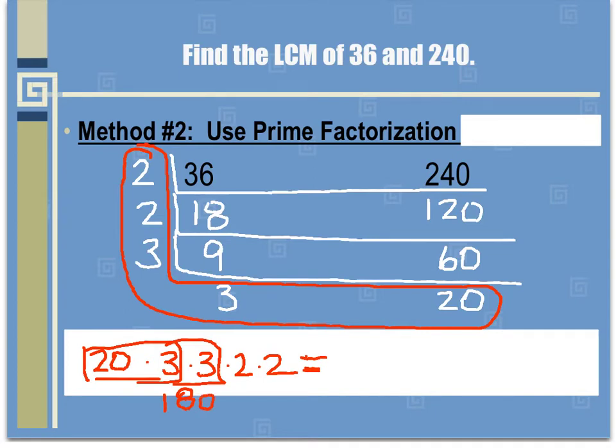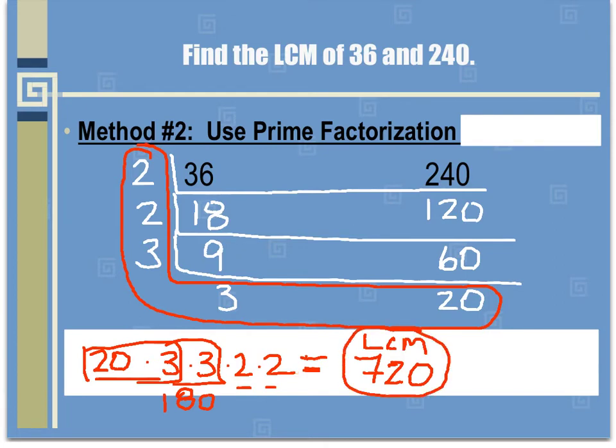Double 180, and you get 360. And double 360, you get 720. So the least common multiple of 36 and 240 is 720. So that is my LCM, 720.